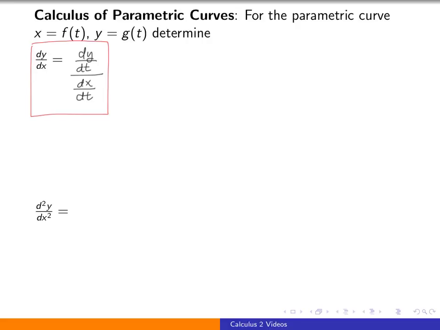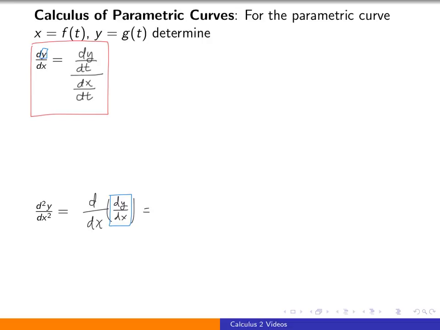For the second derivative, we take a similar approach. And let me just recall for you that the second derivative would really just be the derivative of the first derivative. That is, we can compare to what we've done above and say that dy dx and the derivative of the first derivative with respect to x, those blue boxes really correspond.